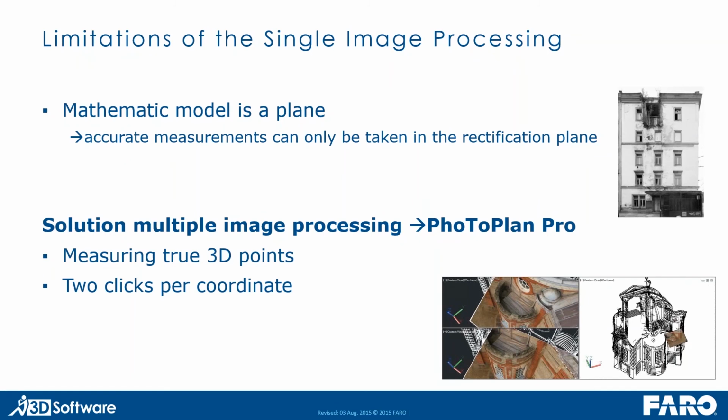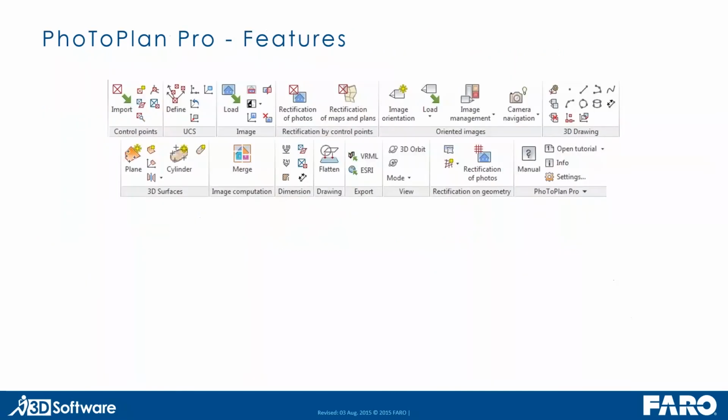With Photoplan Pro, you are able to measure true 3D points with just 2 clicks per coordinate, and in the following I will explain this process in more detail. But first, let's have a look at a summary of the features Photoplan Pro does provide.